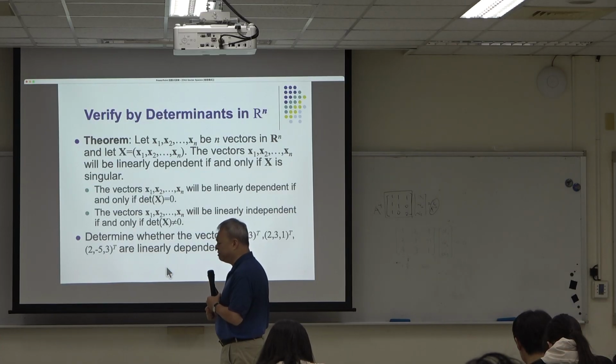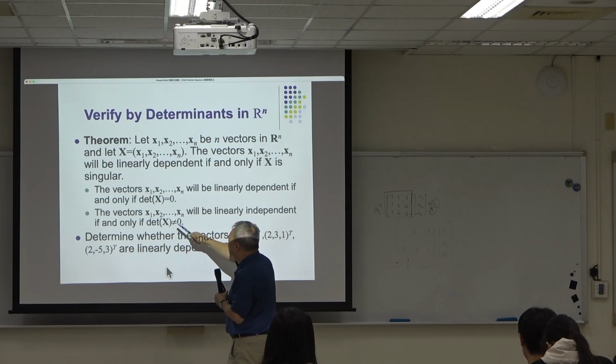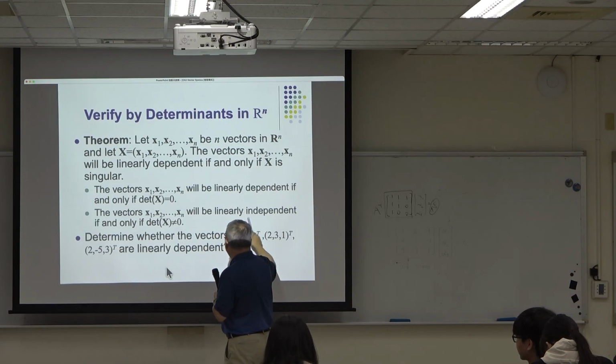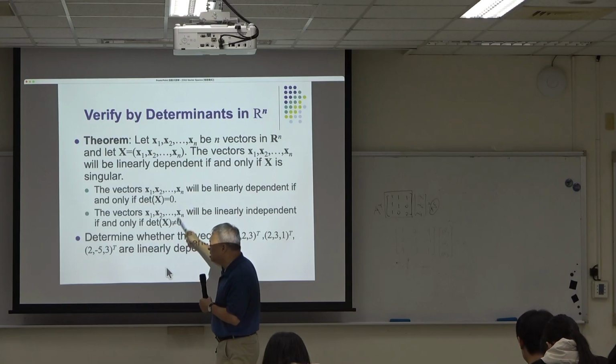Otherwise, it does not exist. And when it has the inverse, it means that the determinant is not zero. So the vectors x1 to xn will be linearly independent if the determinant is not zero. So these two are equivalent.